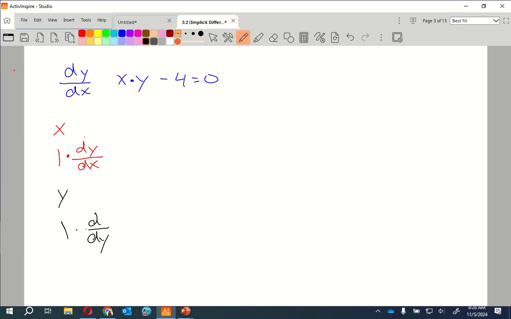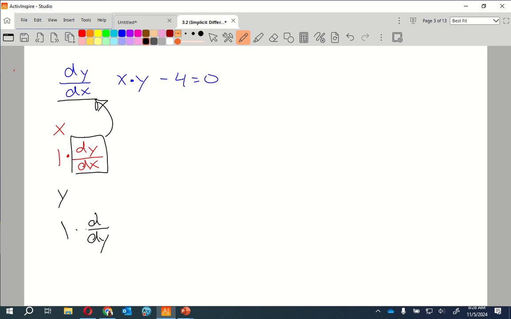Now, if you notice over here, isn't my problem saying dy/dx? That's what I'm finding in the first place, right? And this one right here, when I did dx, isn't that the same as dy/dx? This and this are the same. So because these two things are the same, I don't have to rewrite that one every time, because that's what I am looking for in the first place.